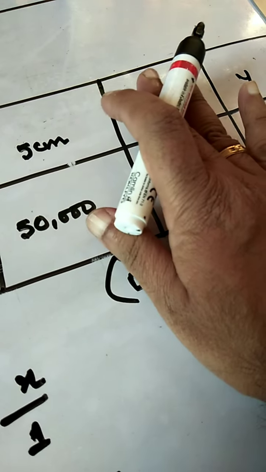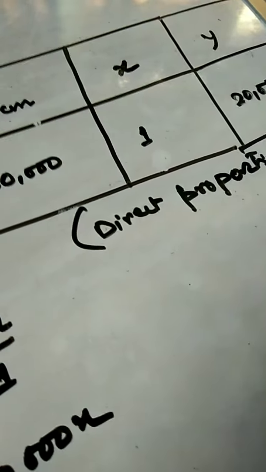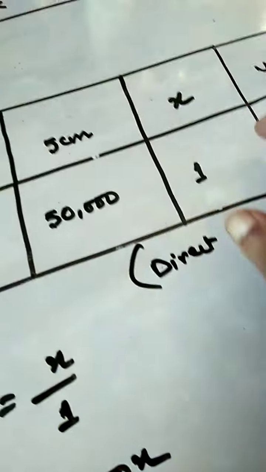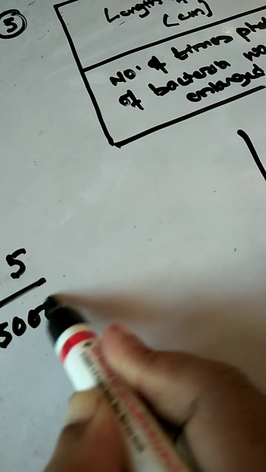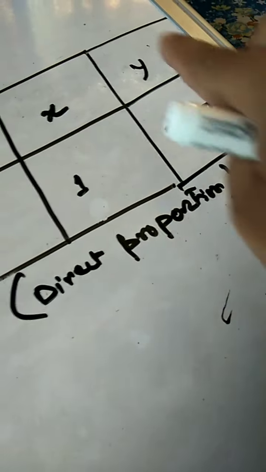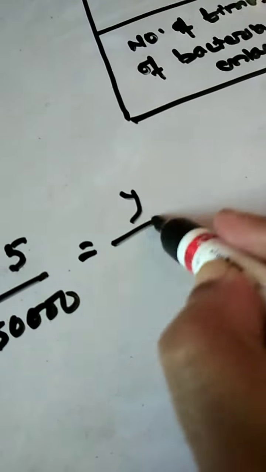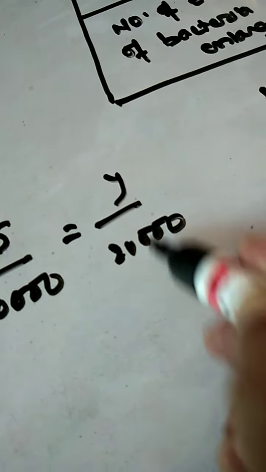Now let's get on with the second part of the sum. We'll hide this part and compare these two parts. The second part is 5 upon 50,000 equals, we'll not consider this part but this part now, that is y upon 20,000. So these are all direct variations.